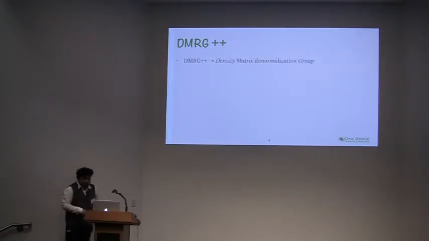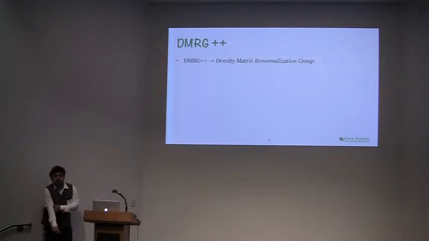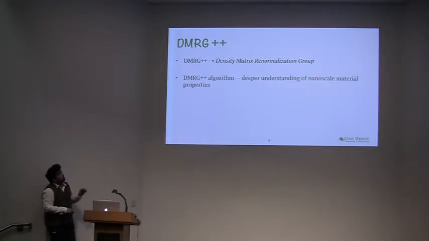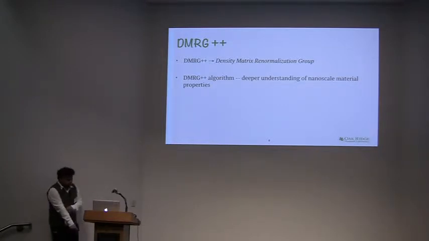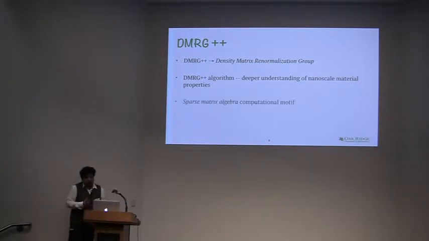Okay. DRMG++ is a physics application. It's a density matrix renormalization group method. Basically, what we need to know is that it helps you understand nanoparticles, more like how much heat is generated from these nanoparticles. It's a sparse matrix algebra computational motif.